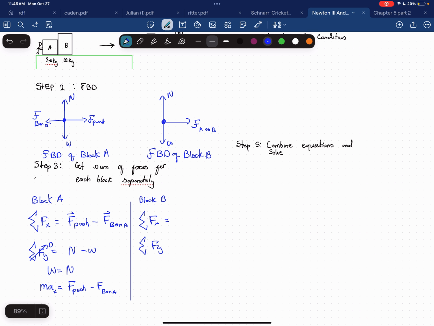All right. So in the y direction, we have our normal and our weight, the same thing really, which is 0. In the x direction, we only have F of A on B. That's the only force we experience.